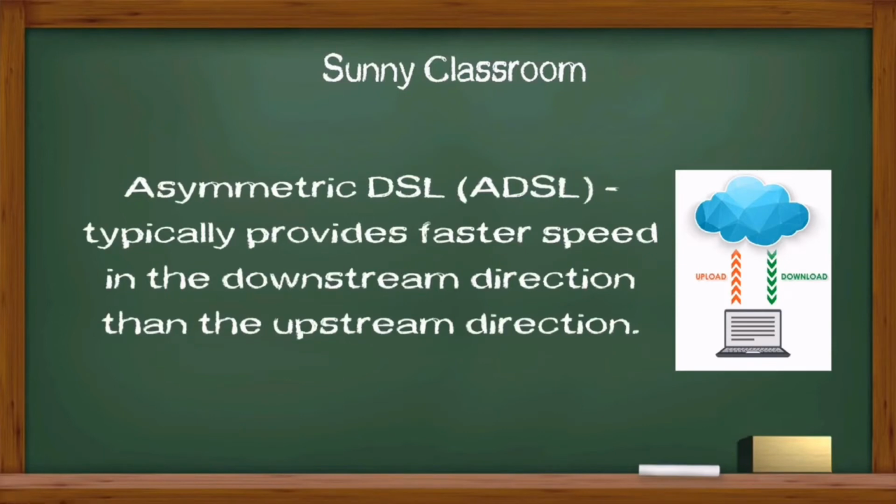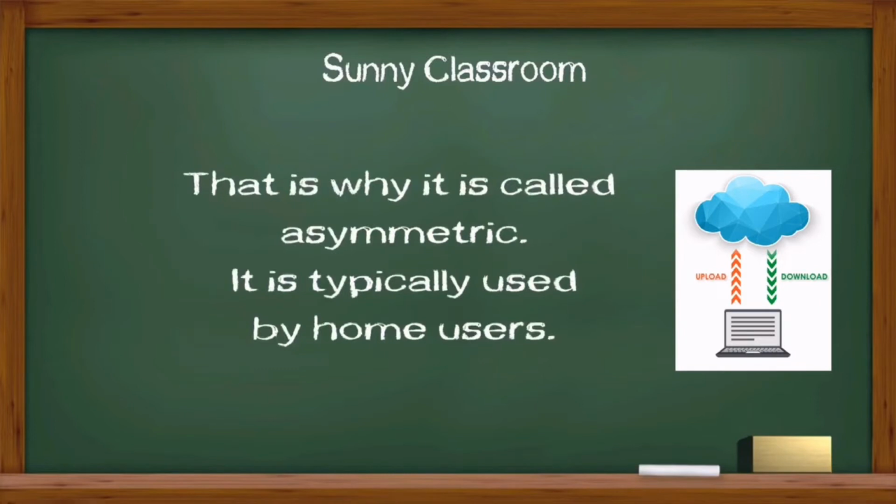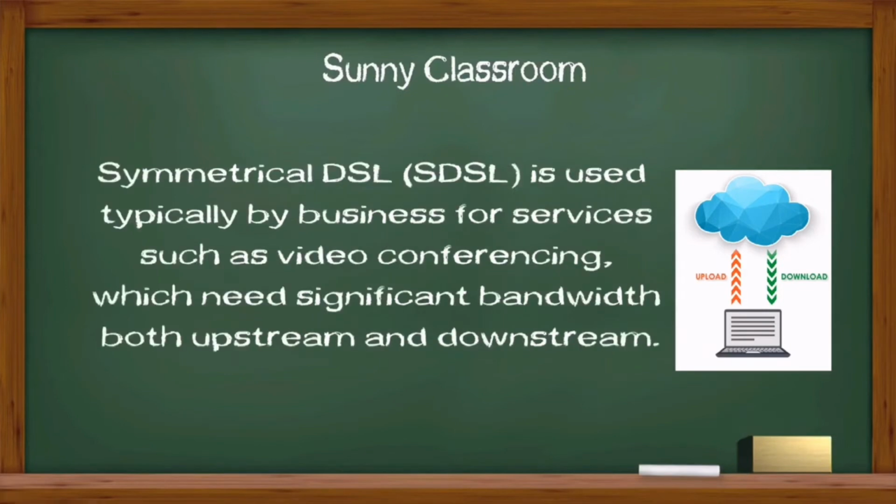Asymmetric DSL, or ADSL, typically provides a faster speed in the downstream direction than the upstream direction. That's why it is called asymmetric. It is typically used by home users.